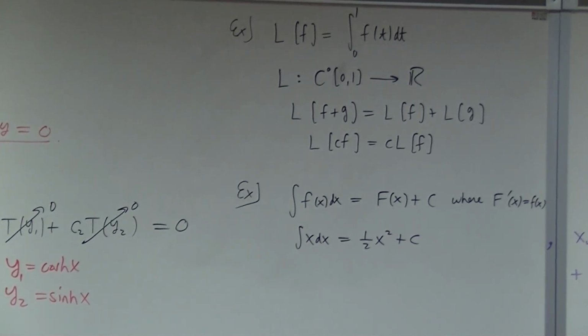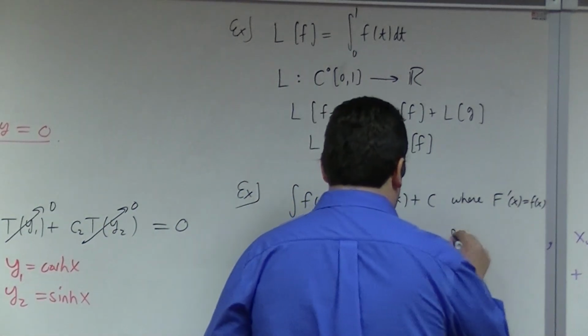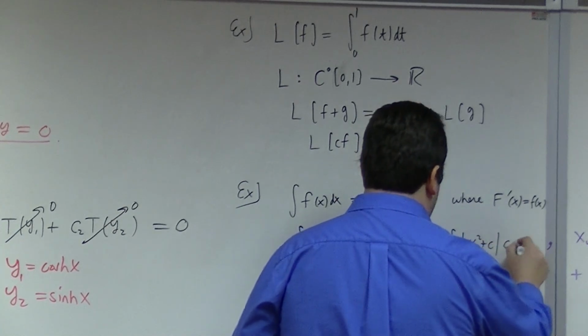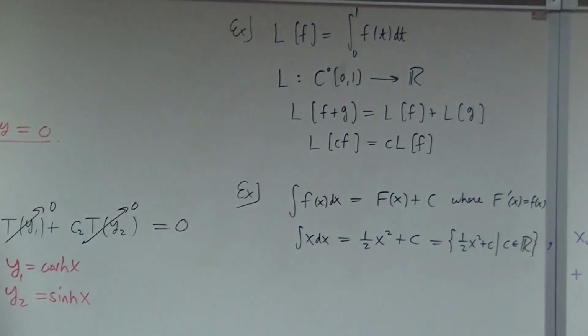But if people had more patience, what they should write is something like this: the set of 1/2 x squared plus c, such that c is a real number. Because honestly, the indefinite integral is not a function, it's a set of functions, which differ by some vertical shifting.